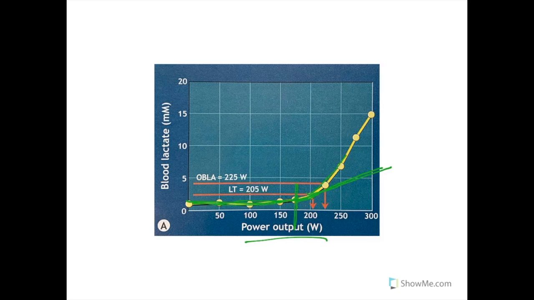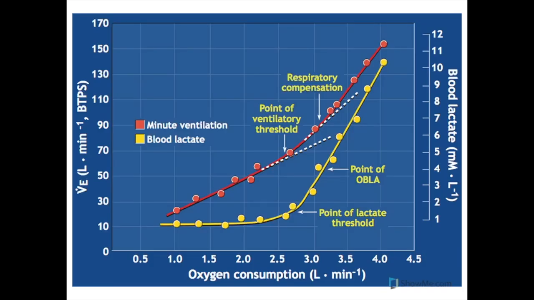But then you get a second break there where that angle is again different. So we actually have a lactate threshold 1 and a lactate threshold 2. And what is going on there correlates very nicely to ventilatory thresholds.